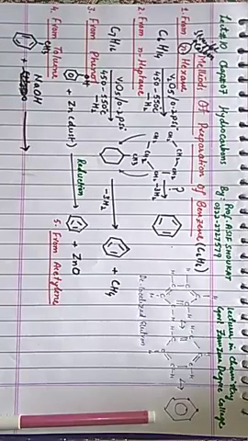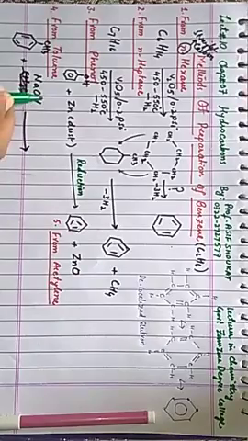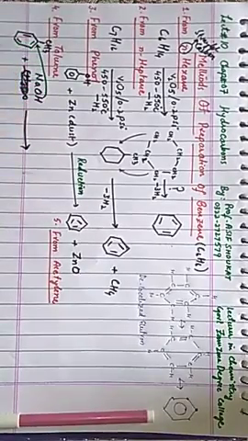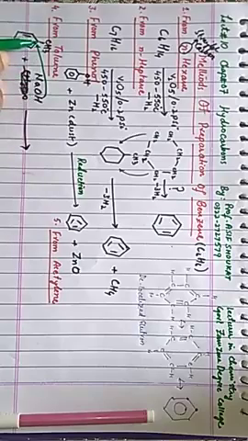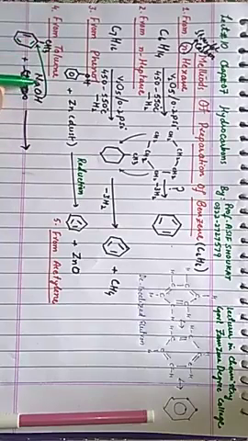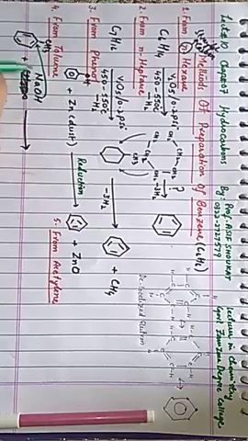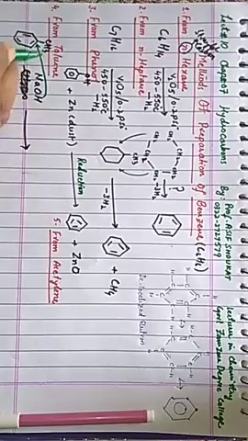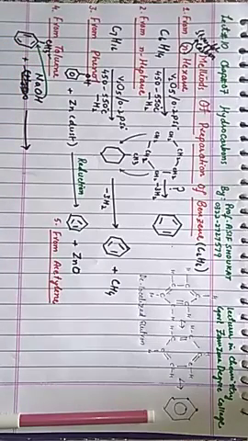What is the main function of NaOH? NaOH can join at this stage. This hydrogen is given to this ring, and NaO can be the part of this CH3.